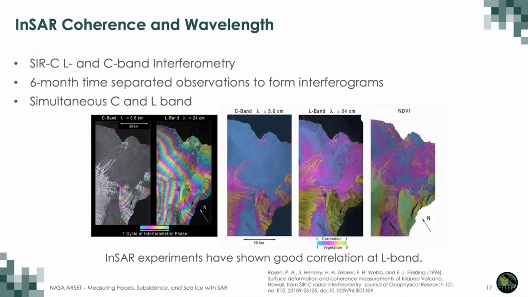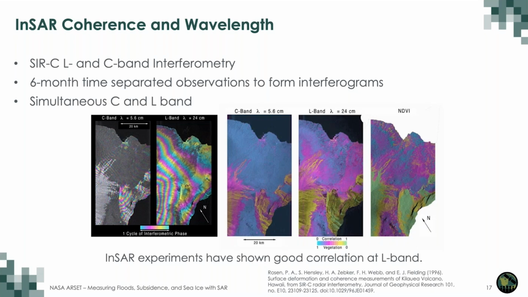And we can take a look and see what the effects of the radar wavelength are on the coherence. This is also from the shuttle imaging radar mission. The shuttle radar mission in 1994 flew twice, in April and October. So we have a 6-month time interval.